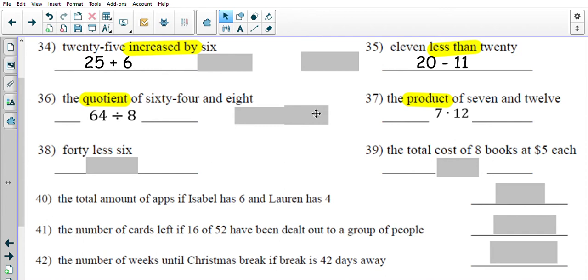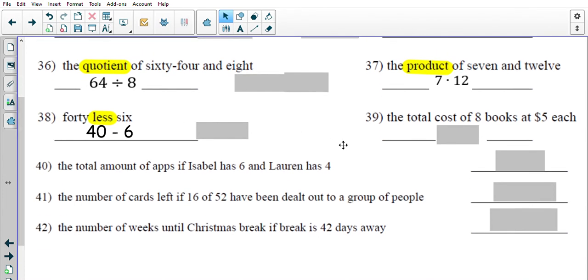Number 38, 40 less 6. Less means subtraction, but we don't switch the order around. If you have 40, less 6 means 40 minus 6. All right, we can't make all these obvious. So number 39, here's where it gets a little bit trickier. The total cost of 8 books at $5 each. One way to write this is 8 times 5.